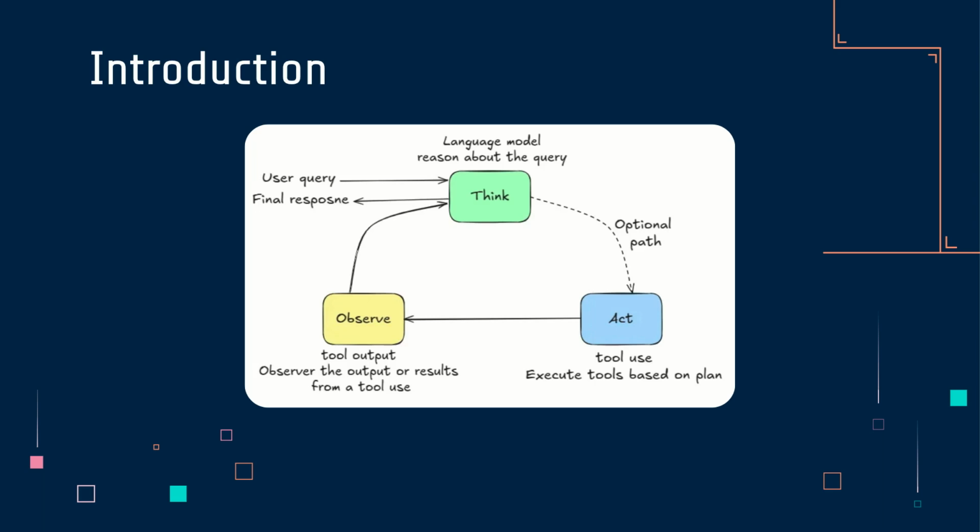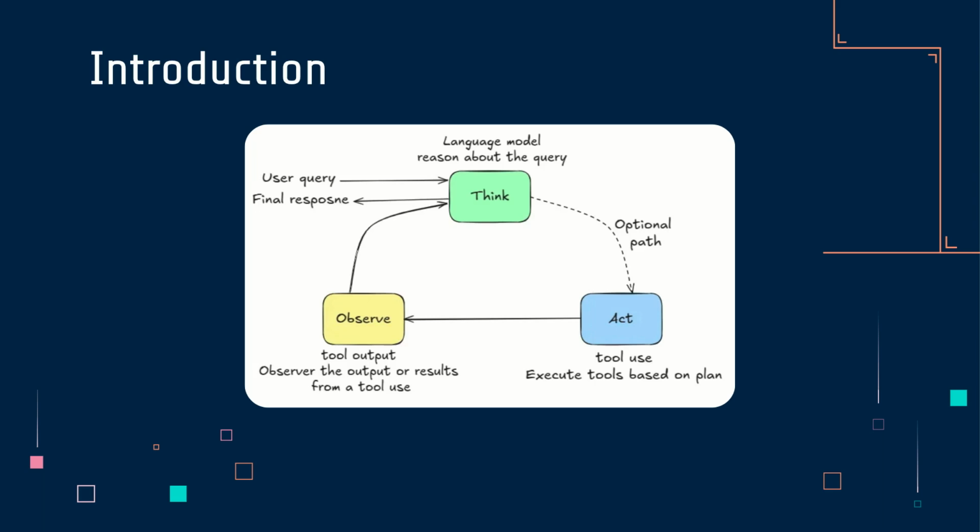Basically, if you give it a question, it thinks about it. The RE part is for reasoning, it reasons about it, and then the ACT part is for acting. Acting is where it uses the tools to take actions. For example, if I ask it, hey, can you find me the product of 10 and 2? And I built a React agent that has a calculator tool. So it reasons, okay, the user wants me to do a calculation.